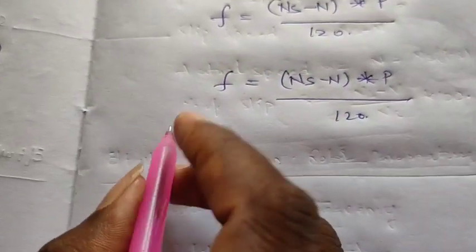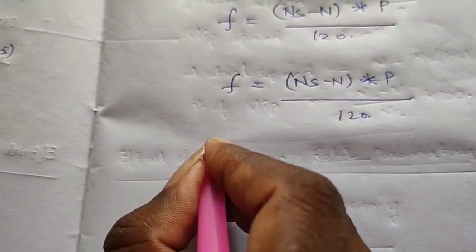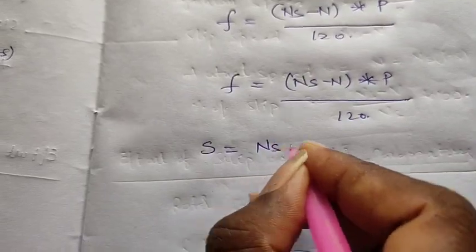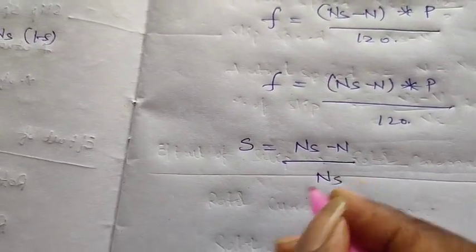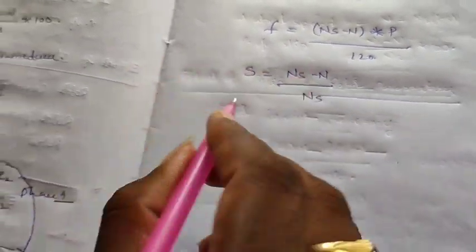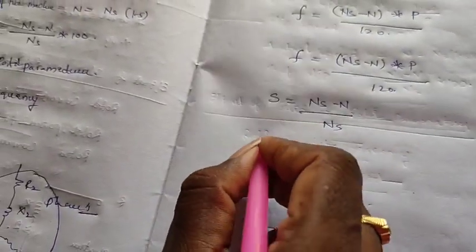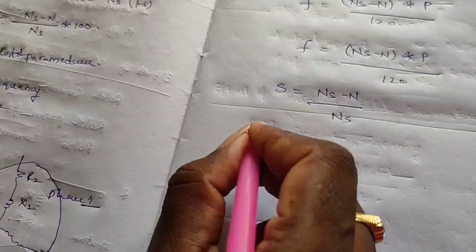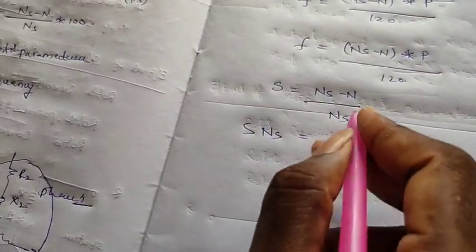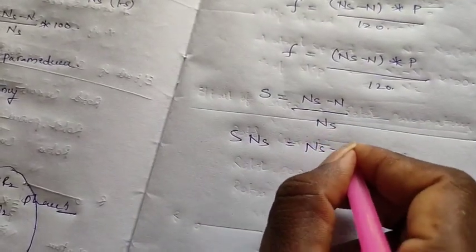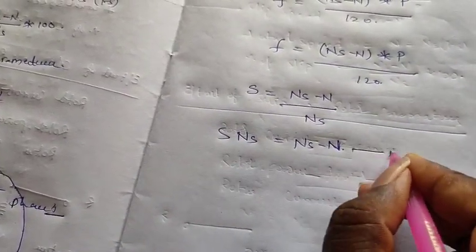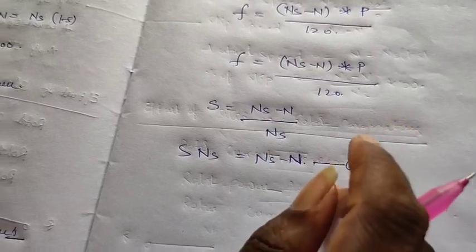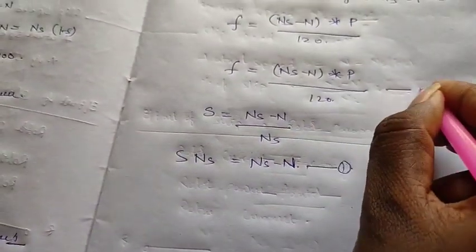We know the formula slip s equal to (Ns minus N) divided by Ns. So from that, slip times synchronous speed equal to Ns minus N. So this can be substituted in the above equation.